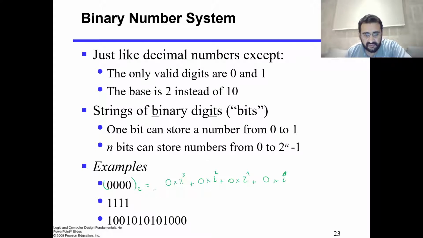Of course, in this case we do not need to do all this to get the real value in base 10 because everything is 0, but this is how we represent 0 in 4 bits using the binary system. So the only digits that are allowed are zeros and ones.